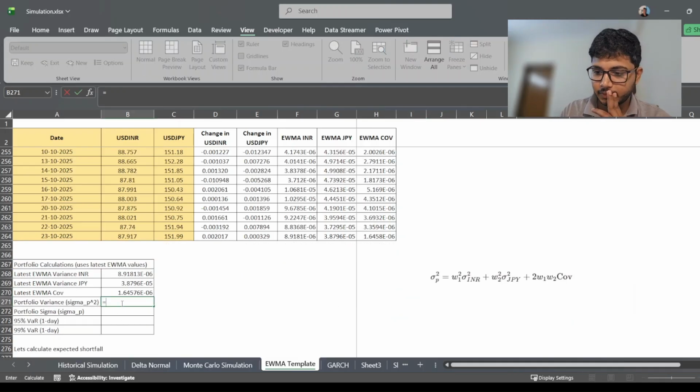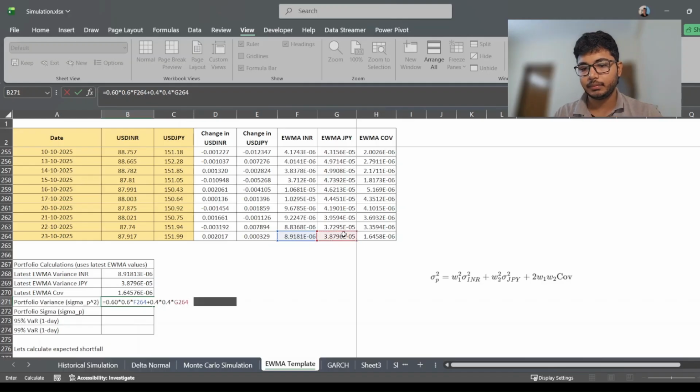Portfolio variance is equal to weightage of dollar INR, which is 0.6 into 0.6, multiplied by variance of INR, plus weightage of dollar JPY, 0.4 into 0.4, into variance of JPY, plus 2 multiplied by weightage of dollar INR multiplied by weightage of dollar JPY multiplied by the covariance that we received.